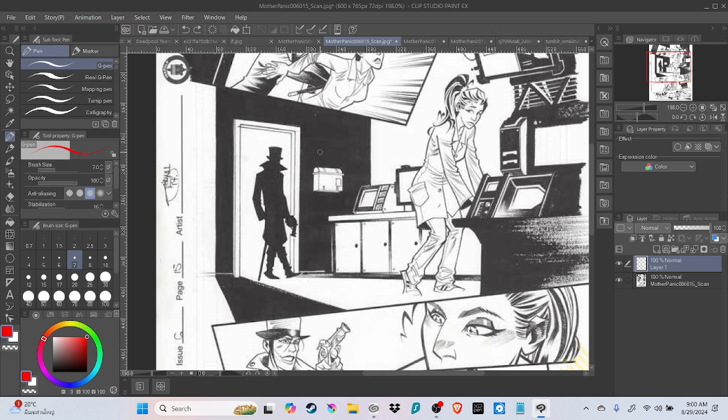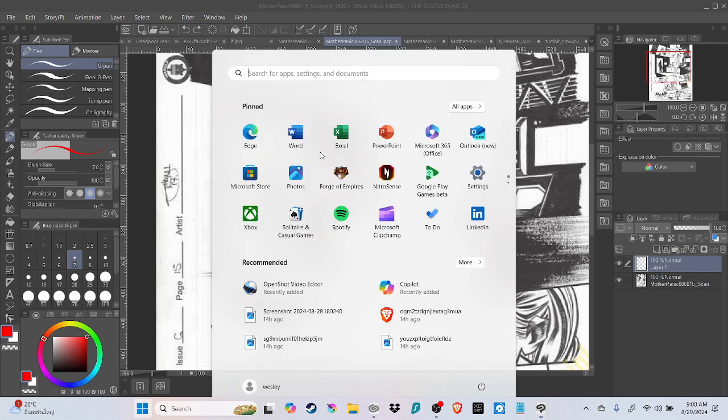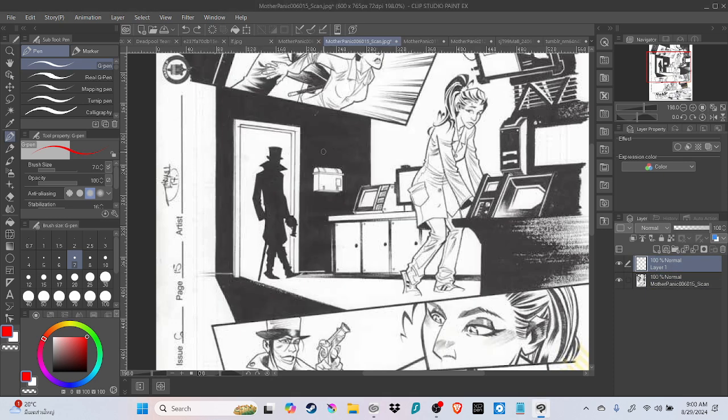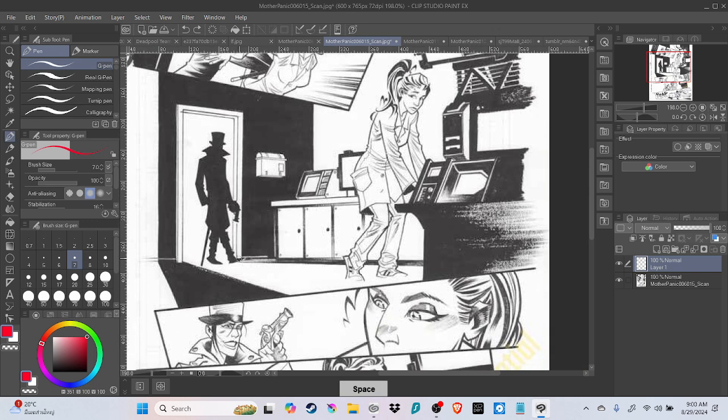Because if you think that, if this was completely in black, let's see what it would look like. It still works, you know. It still works, but there's a visual interest that I think a decision like that brings into the piece.